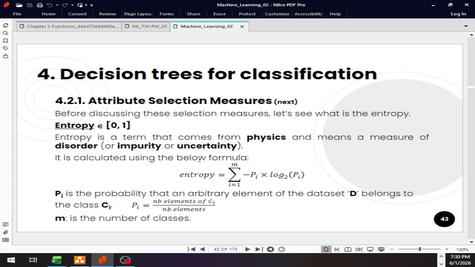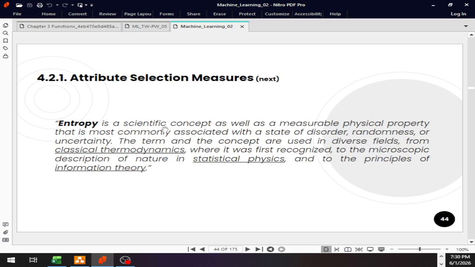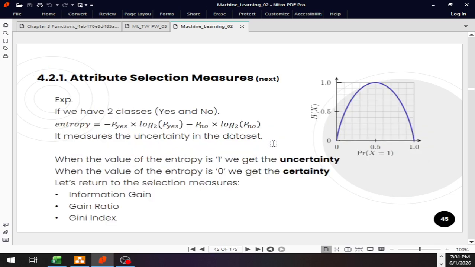What is entropy? It's here, but we can speak about it graphically. When we've got a data set, if for example we have success and failure, we have 50-50, so it's the highest level of uncertainty. So when it's 50-50, the probability is 0.5, so the entropy is at its peak.